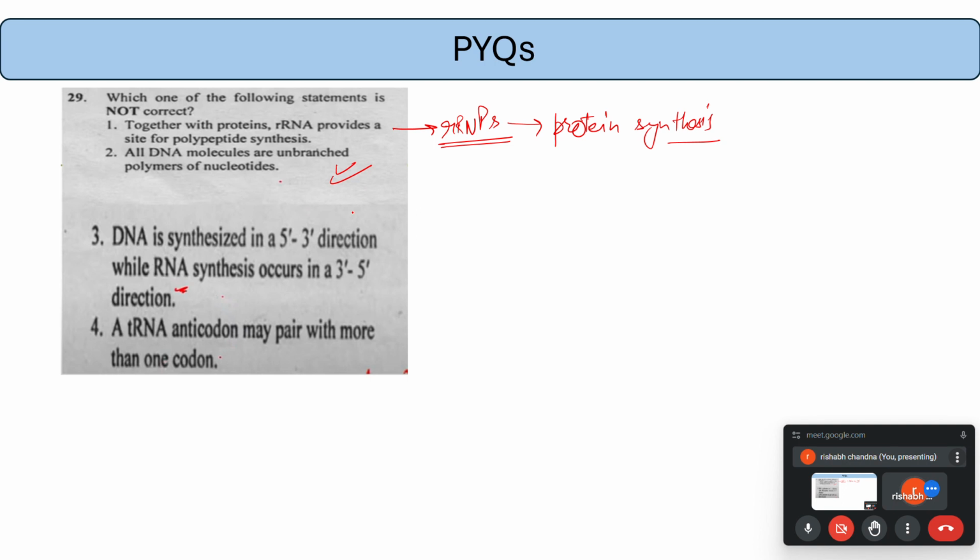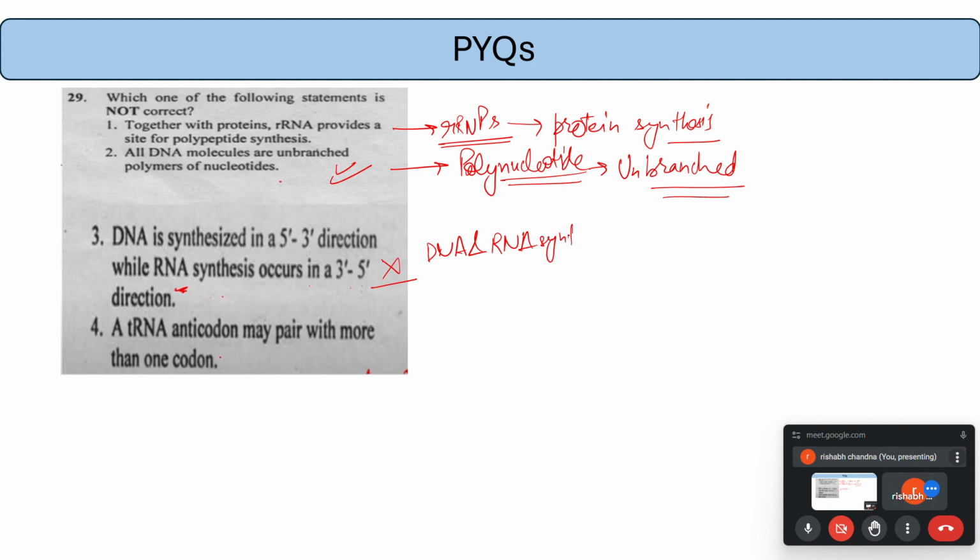That is also true. DNA is made up of polynucleotides, and this is unbranched. DNA is synthesized in 5 prime to 3 prime direction, while RNA occurs in 3 prime to 5 prime direction. No, both DNA and RNA synthesis occur in 5 prime to 3 prime direction.